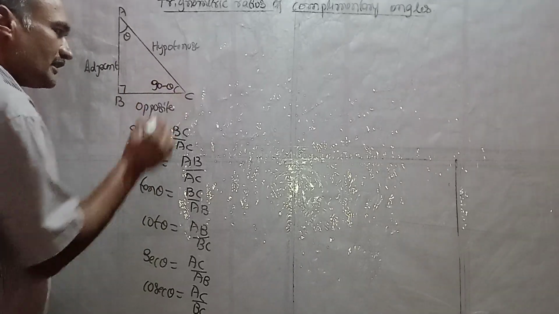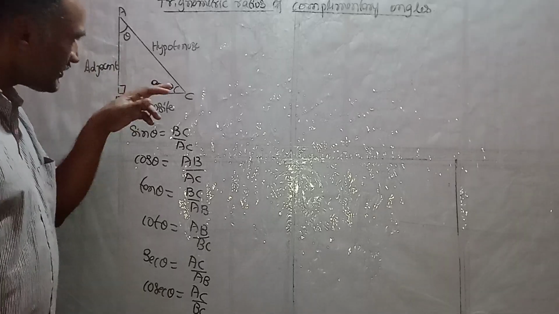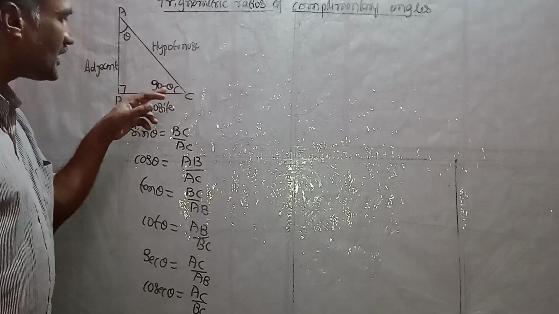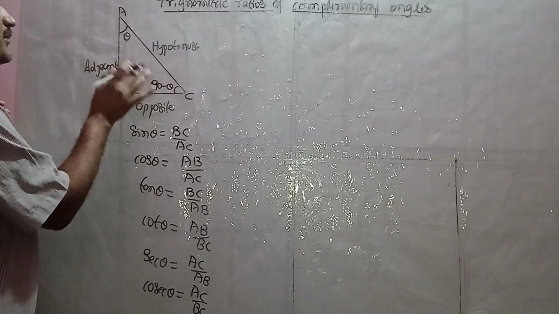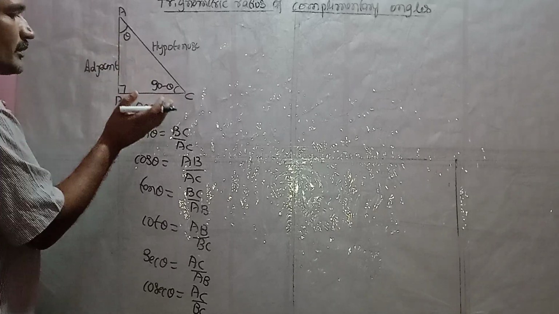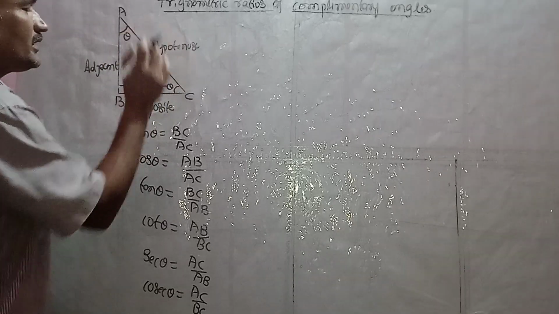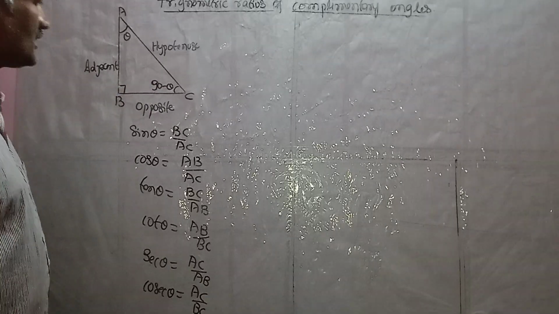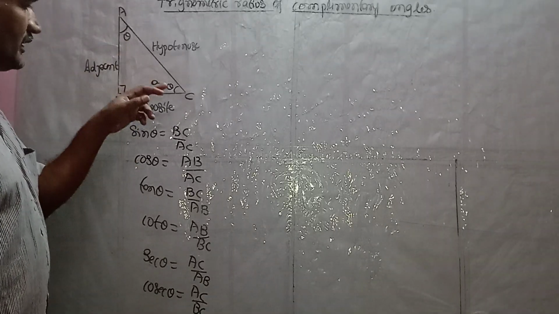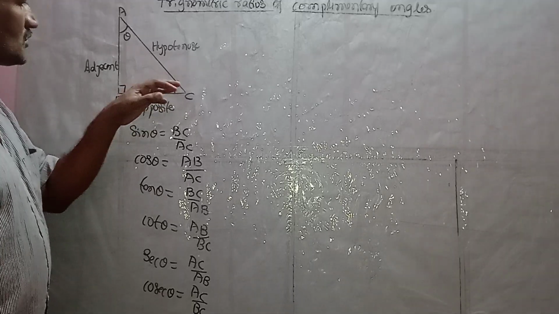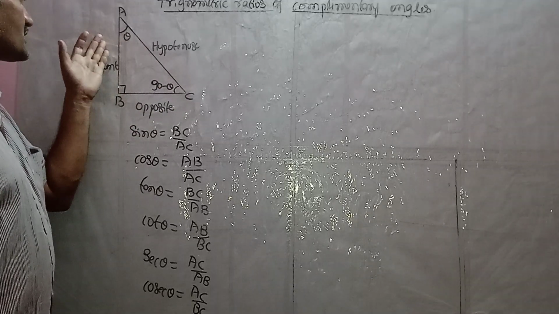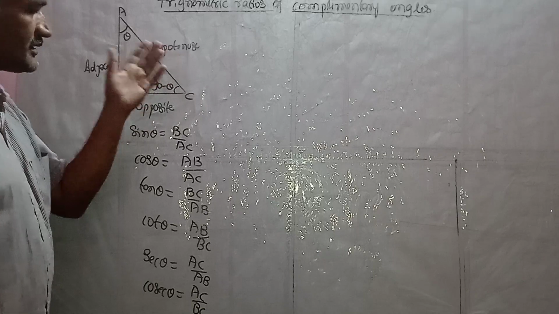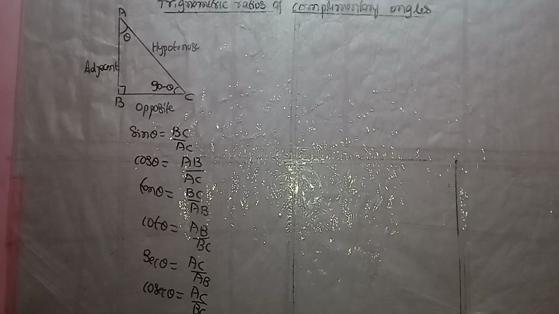With respect to this angle 90 minus theta, this side will become the opposite side, this side will become the adjacent side, and this side will be the hypotenuse. So with respect to 90 minus theta, we need to write all six trigonometric ratios, dear student.